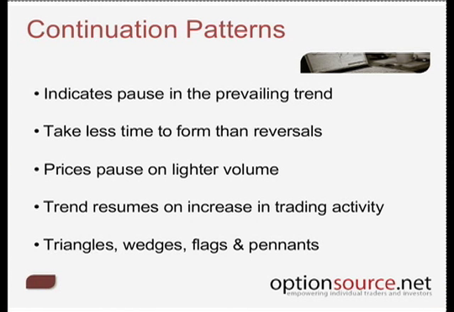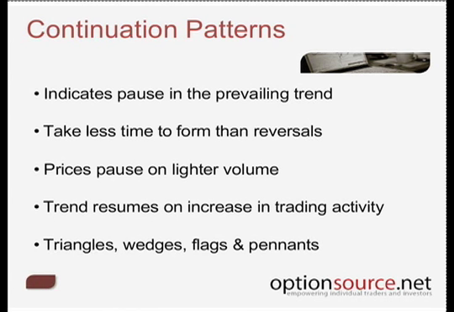Now let's look at continuation patterns, guys. Continuation patterns are the other major type of pattern that we look at when analyzing these price charts. Of course, a continuation pattern, not surprisingly, indicates a pause in the prevailing trend. These types of patterns tend to take less time to form than reversals because essentially the major trend in force has already been established.